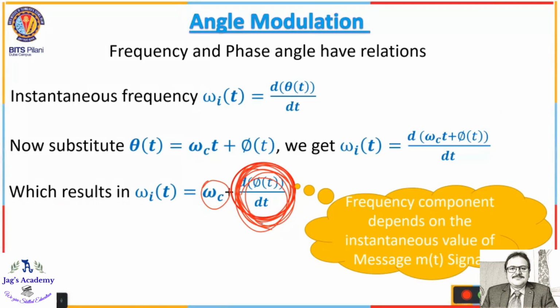Frequency. So your instantaneous frequency of an FM wave after modulation is your carrier frequency plus d by dt of phi of t. And what does this phi of t depend on? This phi of t depends on the message signal. Have you understood this?